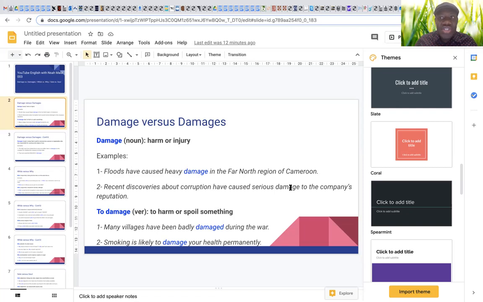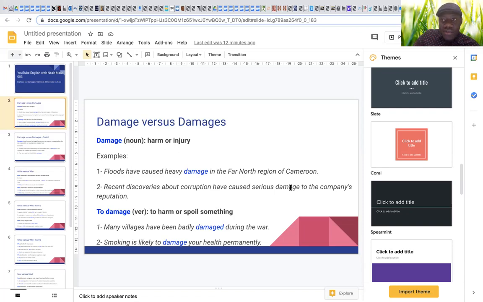No, damages means a completely different thing, and we are going to see that in the rest of this video. So please, no matter how many people are affected by a flood, by a disaster, do not call it damages. It is damage. The destruction will be described as damage.